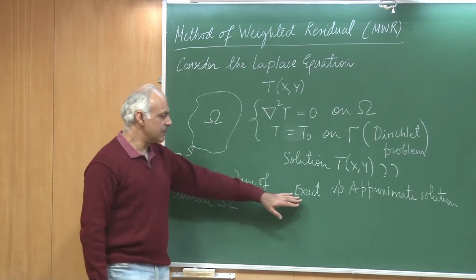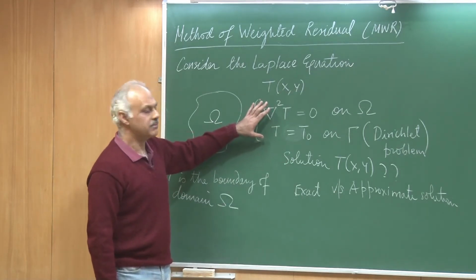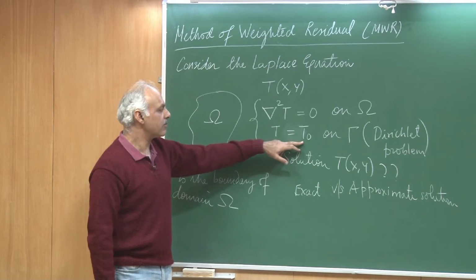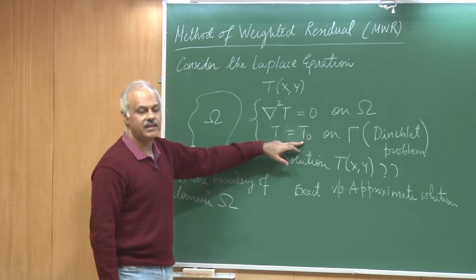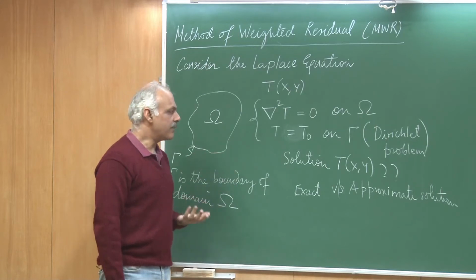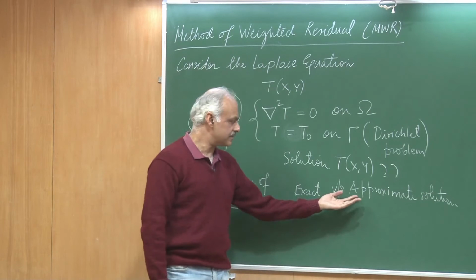An exact solution emerges from solving this equation exactly at each and every point and satisfying this boundary condition exactly at all points on gamma. But I may not be able to do that, and that is why I seek an approximate solution.